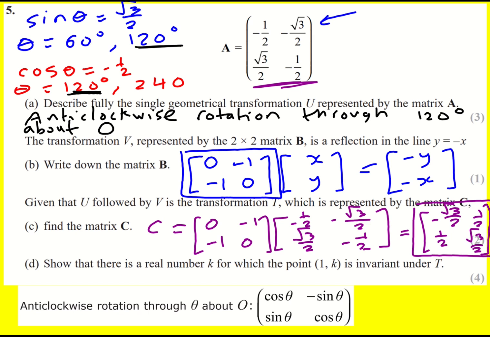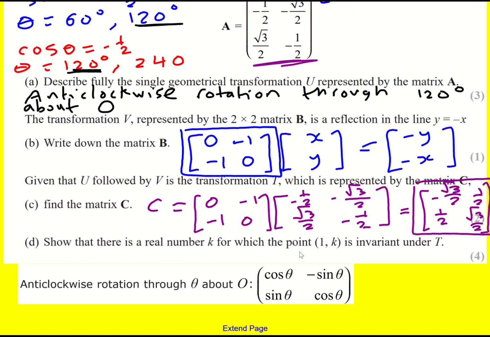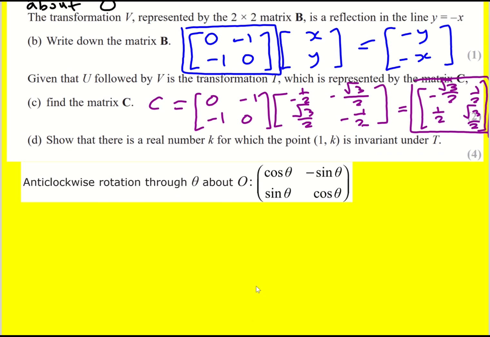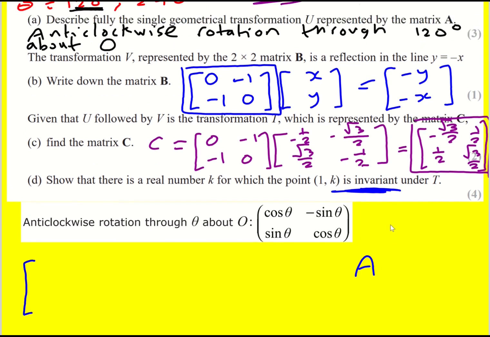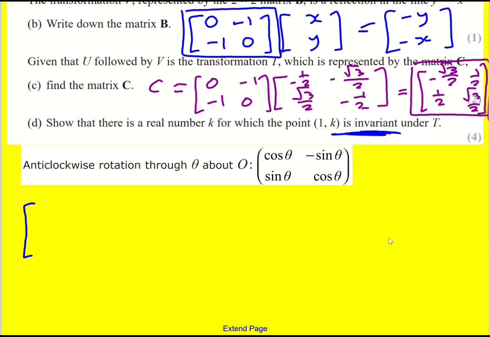So finally, we're asked to show that there's a real number k for which (1, k) is invariant under T. So for a point to be invariant, then for some matrix D, for example, if I apply it to a position vector x, y, then I get the same position vector, i.e. the coordinate maps onto itself.